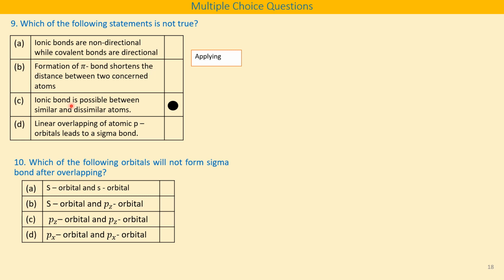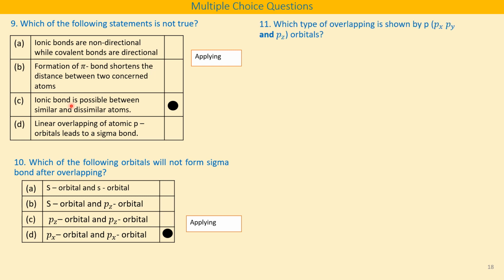S orbital and S orbital, S orbital and pz orbital, pz orbital and pz orbital, px orbital and px orbital. You have to remember and mark the correct answer. Px orbital and px orbital will not form sigma bond after overlapping.